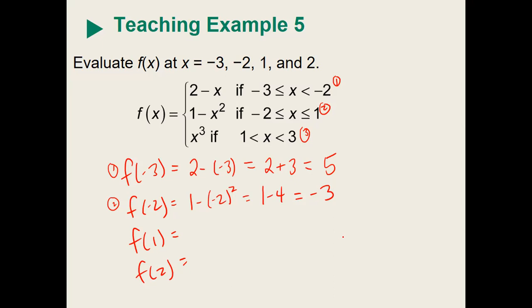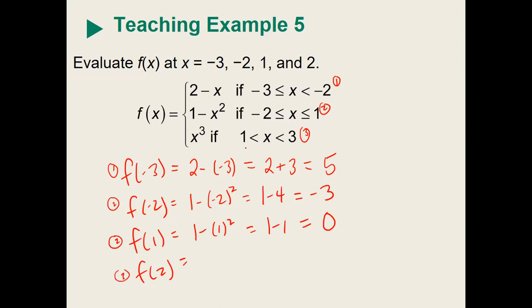f of 1. What interval? Interval 2, because that's where it's equal. Am I equal here? No. So we use 1 minus x squared again. That's 1 minus 1 squared, which is 1 minus 1, which equals 0. All right, f of 2. What interval does that fall on? The third interval.